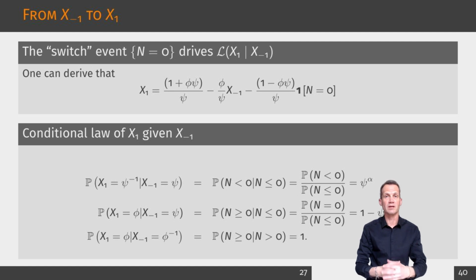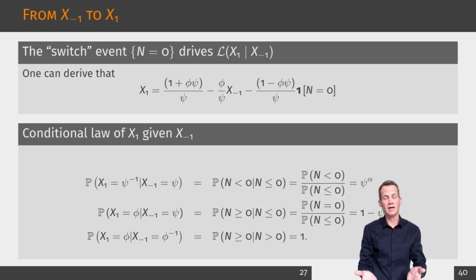This slide explains how the switch event n equals 0 drives the conditional law of the next spectral coordinate. The first point is a deterministic identity linking the h = 1 coordinate to the h = -1 coordinate, plus a correction term that is present only when the epicenter is exactly at 0. You do not need to read the displayed equation.